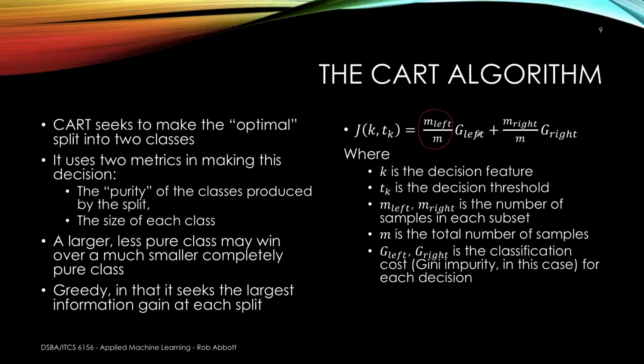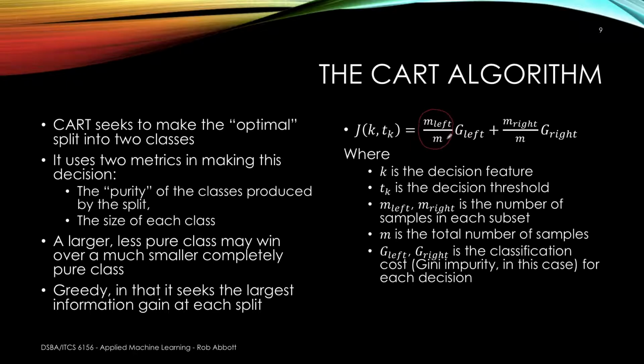And I multiply that times the Gini impurity of the left-hand decision. Then I add that to the number of right-hand samples in the subset divided by the total number of samples, and I multiply that times the Gini impurity from the right-hand side. So this computes the purity of each one of the classes, and then whichever one is the predominant class is the one that I'm going to assign the label to.